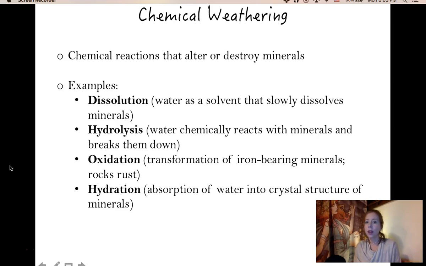So that's when minerals chemically react with water. Next is oxidation, where minerals chemically react with oxygen. Last is hydration. So that's absorption of water into the crystal structure of minerals, and this can lead to a shrink swell type action.